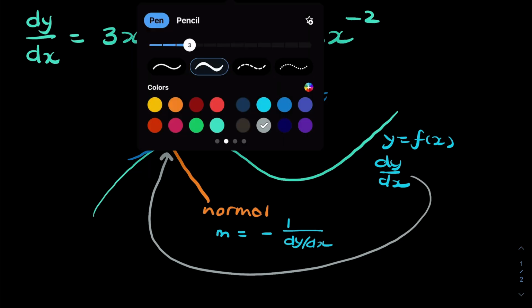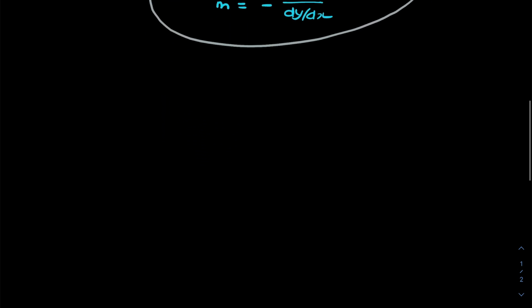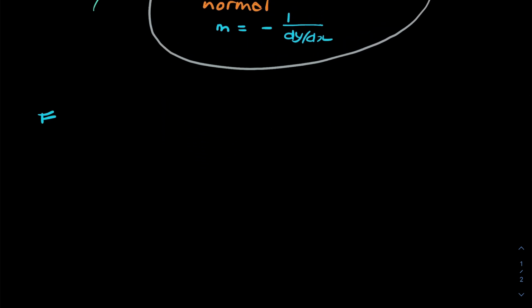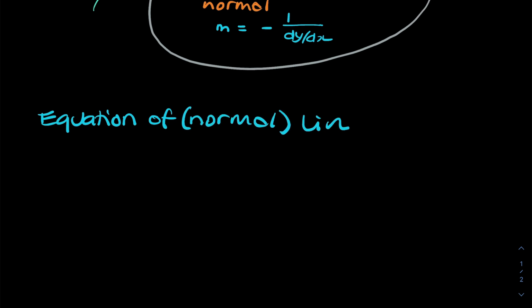Then you need the equation of the normal line. The equation of any line is y equals mx plus c. But there's an easier way to find this equation.